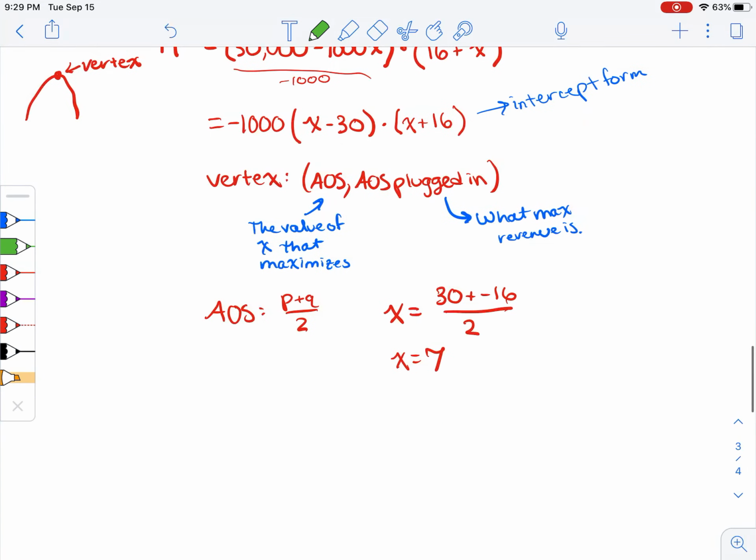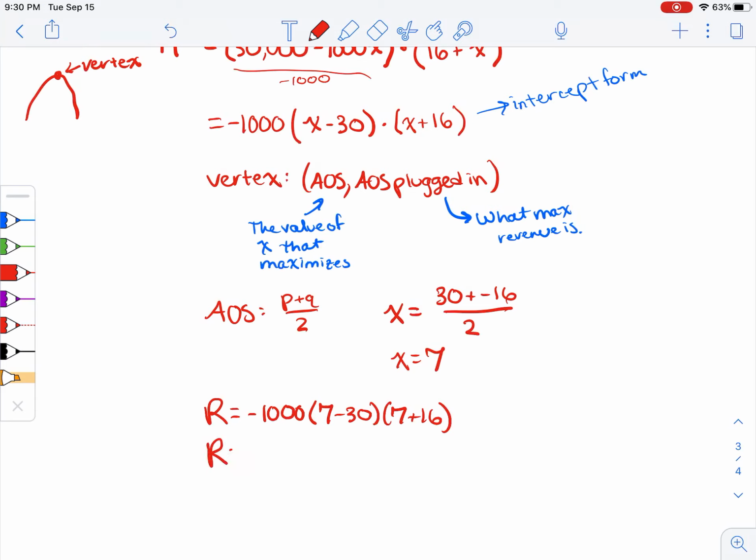And then your maximum revenue, if you plug 7 into your original function, so we have R equals negative 1,000 times 7 minus 30 times 7 plus 16. You could type this exactly like that in your calculator, just without even the y equals.